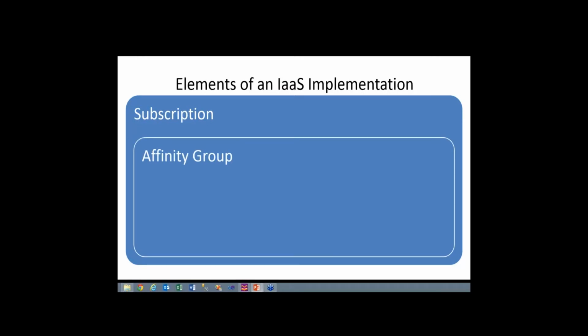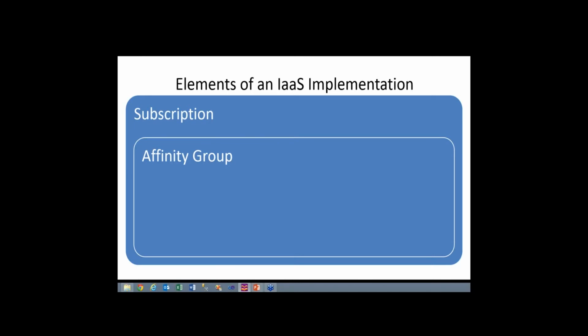Affinity groups. You can think of an affinity group as a group of resources that ensures things are together in Azure. So let me go into that a little more here. An affinity group is a logical grouping of resources that you define in your Azure account.